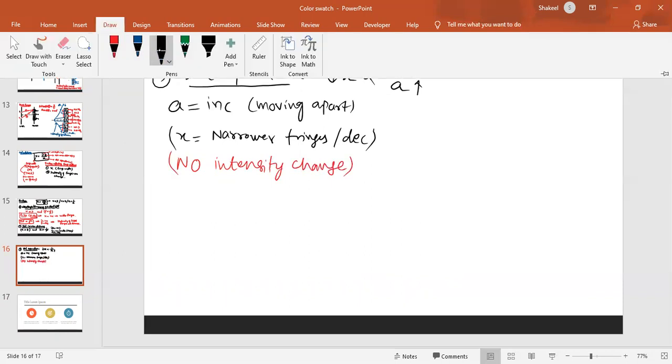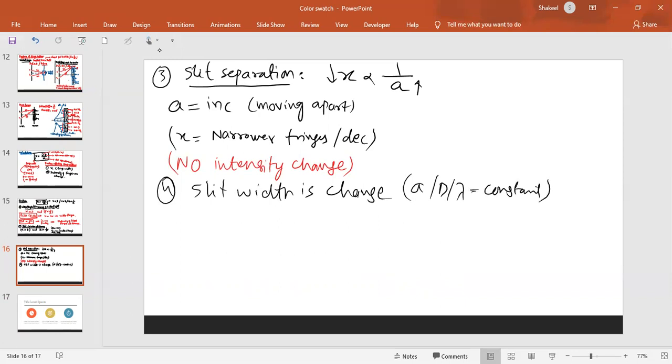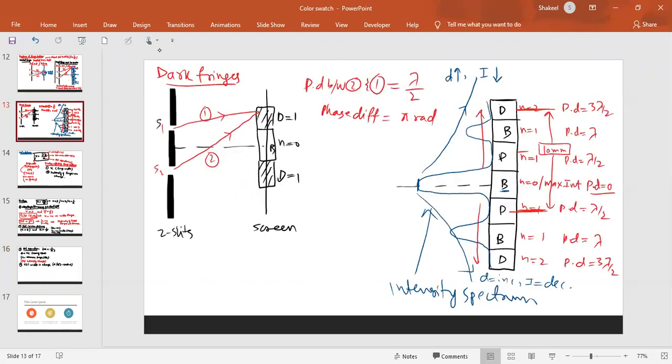Lastly, number four, if slit width is changed. You're not changing a, you are keeping a, d, lambda constant, but you are making the slits wider, right? The gap of the slit is increased. What is that gap? Let me take you back.